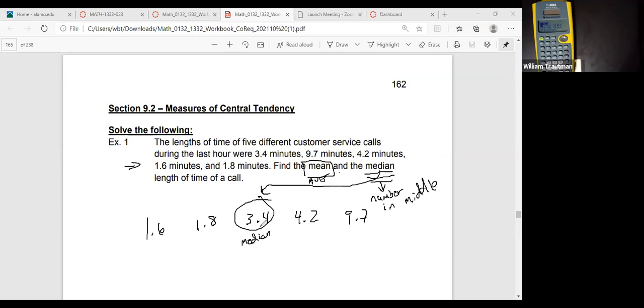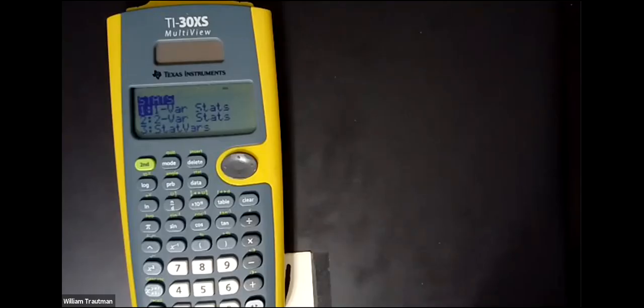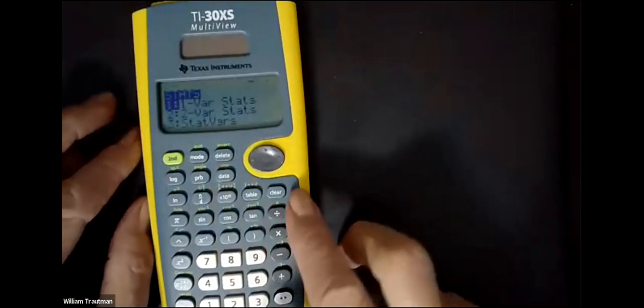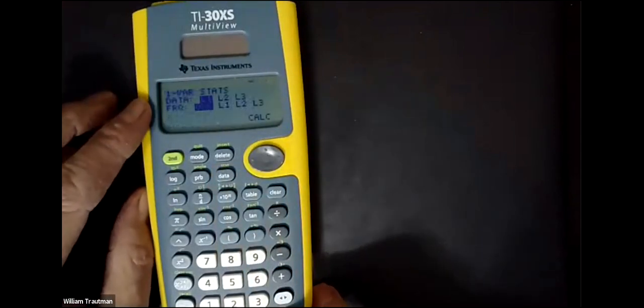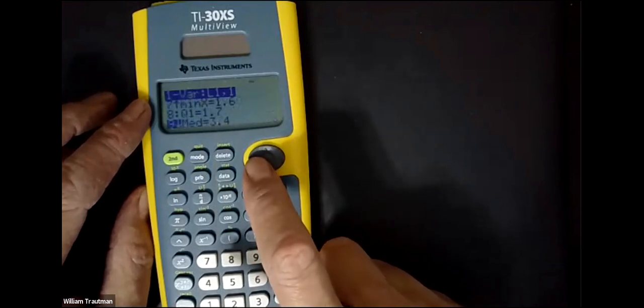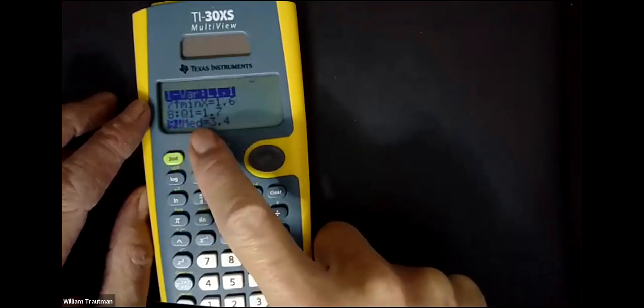And I'm going to show you that on the calculator because we have this already in our calculator. So the median is the middle number. So when I'm on my calculator, don't forget second data, 1 var stats. Our average was 4.14. But if I scroll down, right there, number 9 says median.